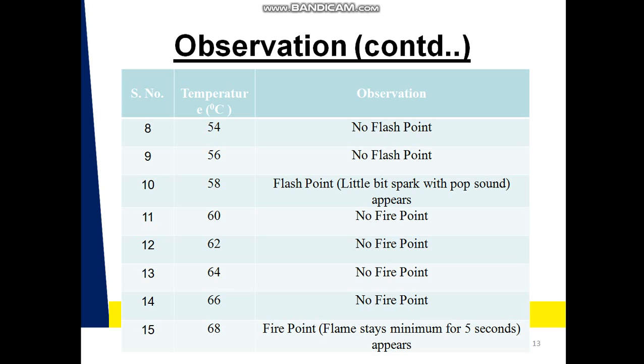Then 62, 64, 66, every 2 degrees we observe the fire point. Finally we got the fire point at 68 degrees centigrade. The flame stays for a minimum of 5 seconds. So this is the fire point of the given lubricating oil.